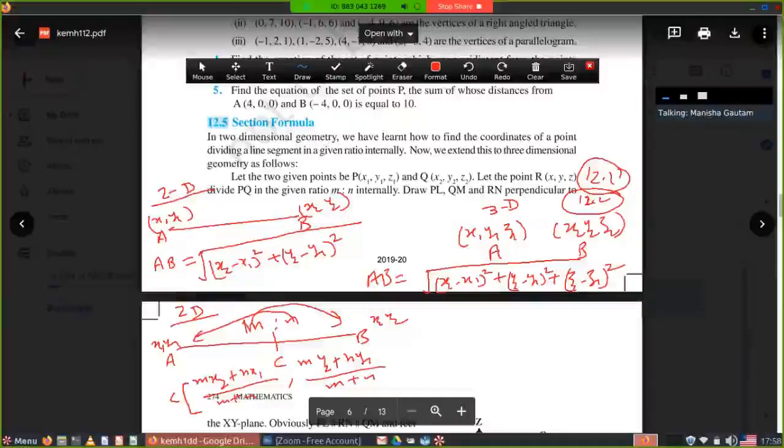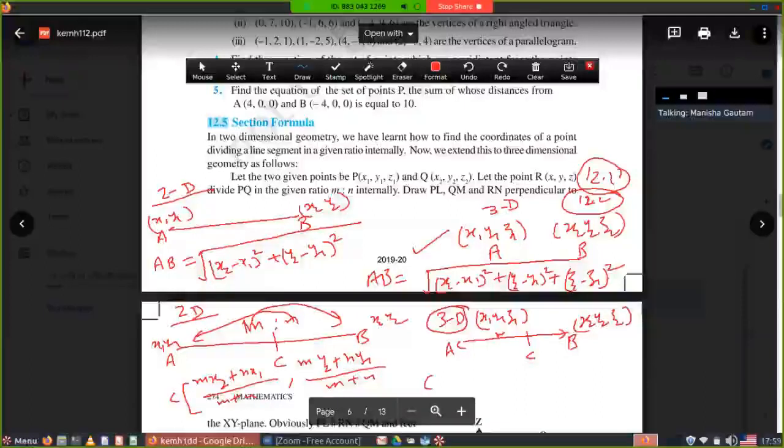Now if we are talking about three-dimensional geometry, the coordinates will be (x1, y1, z1) and (x2, y2, z2), as I told you in the case of the distance formula. For the section formula in this case, if the ratio is the same, m:n, then the coordinates of C will be the same. m goes with the B elements and n goes with the A elements.